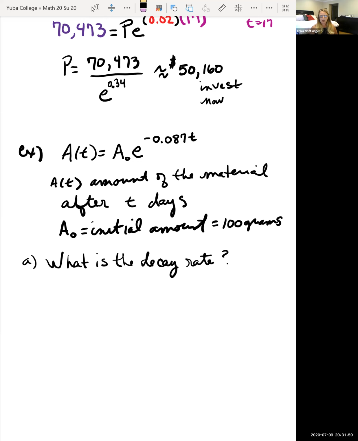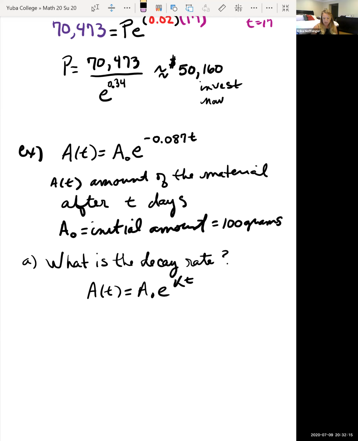We talked about exponential growth and exponential decay in the form of A of t equals A sub 0 e to the kt. And it really depended on k.